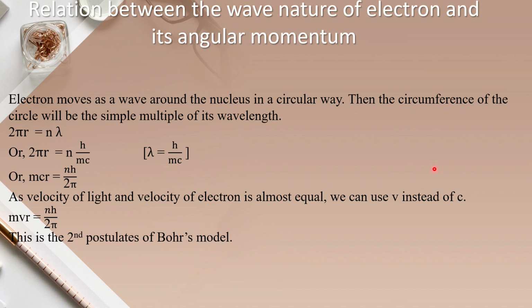This is the second postulate of Bohr's model, that is, angular momentum mvr equals nh by 2 pi. So, in this way, this is also the relation between the wave nature of the electron and the angular momentum of the electron. Now, using the de Broglie equation, I will show you two problems.